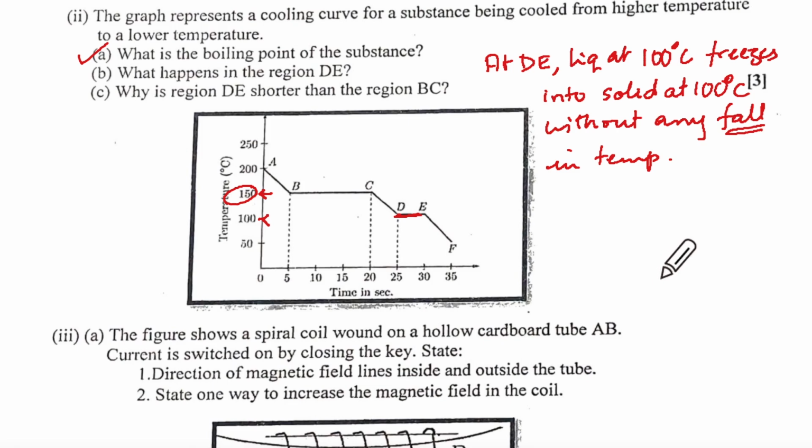Did you understand this part? Okay. Why is the region DE shorter than BC? So for this, what you will say?